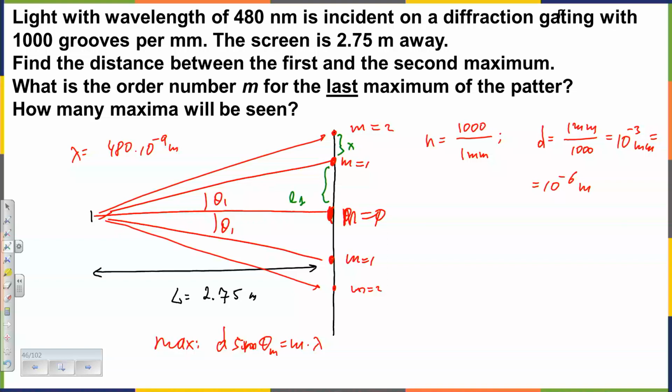We call it L1, the distance from the central maximum to the first one. We know we can calculate the distance from the central maximum to the second one. We call it L2. And if we look at the picture, the distance which we need to calculate is just that. And that's what I want to say about it.